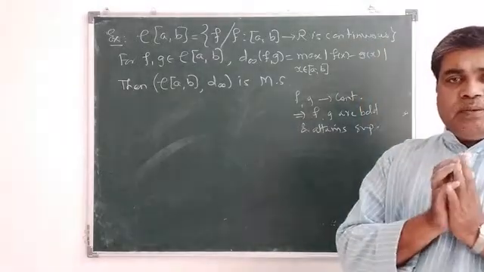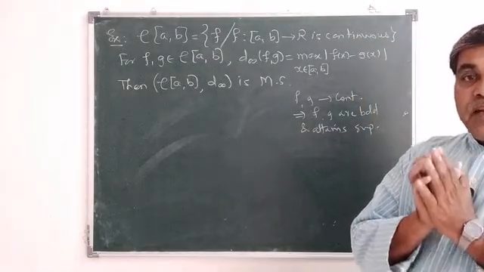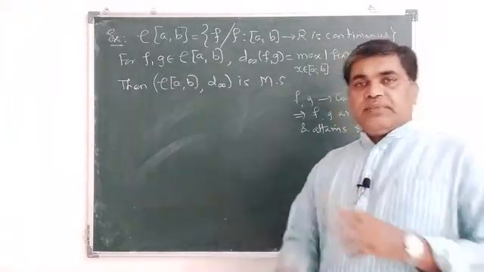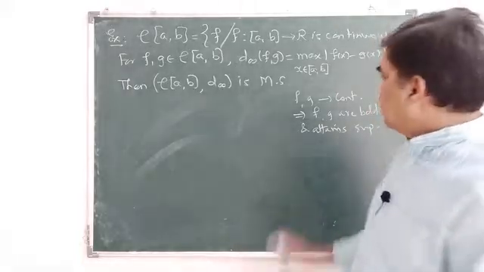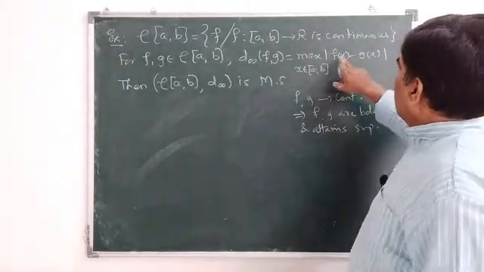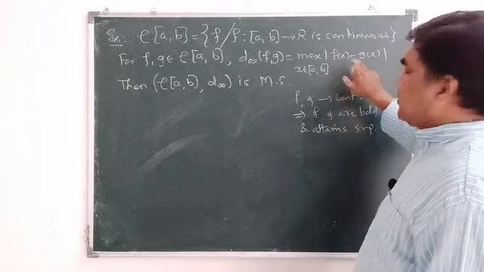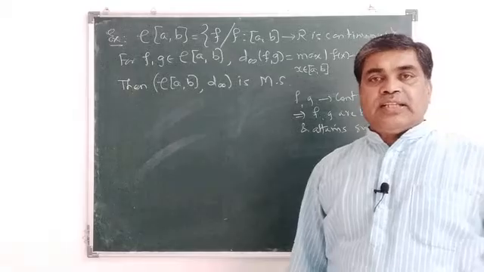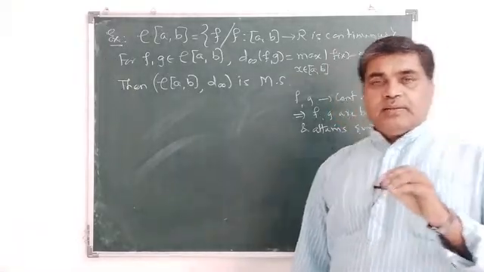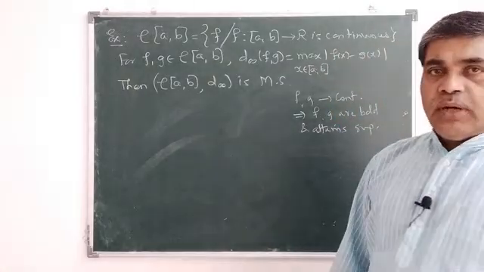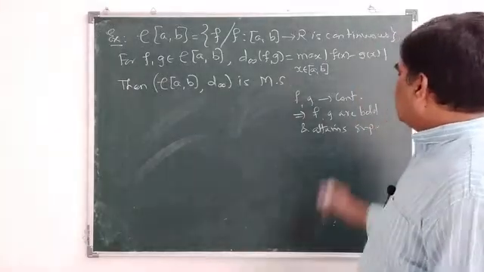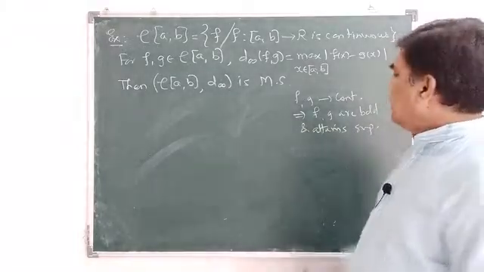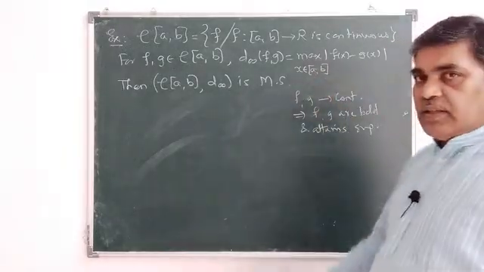Means what is that supremum of mod fx, x varies in AB? It is nothing but the maximum of range set, and that's why. Again, the difference of two continuous functions is continuous. Means if f and g are continuous functions, then f minus g is continuous, and that f minus g is also a bounded function which attains its supremum, and that supremum is nothing but maximum. That's why that supremum is just replaced by maximum here.